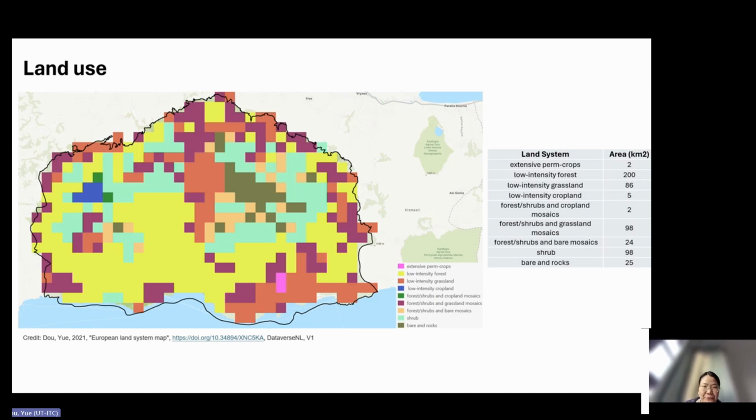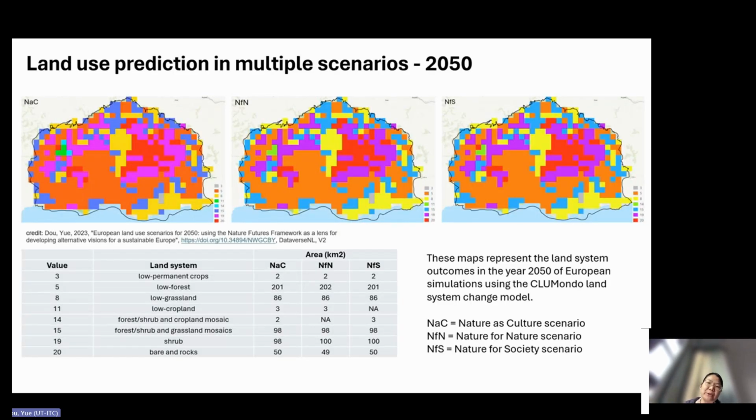And what we did also is a land use prediction for the future, for 2050, under multiple scenarios. You may wonder why this is a bit coarse, because we definitely have higher resolution land cover maps for Europe, but as a land system, it makes more sense to consider it as a landscape. So all this is under 1 kilometer.